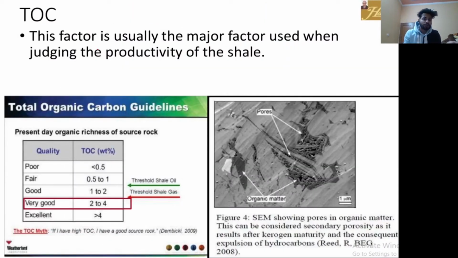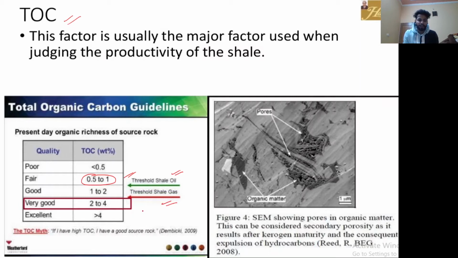Okay. So starting with the total organic carbon, this is the major factor used when judging the productivity of the shale. Okay, for threshold shale oil, if the range is between 0.5 to 1, then it's a good shale reservoir, that is it will produce good quantity of oil.